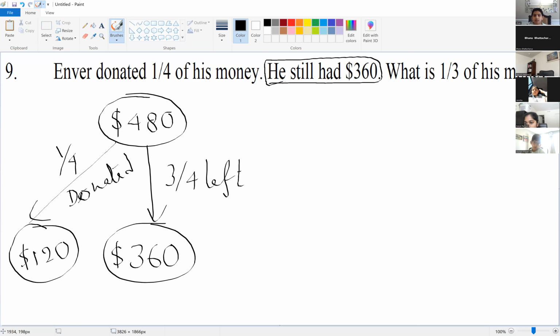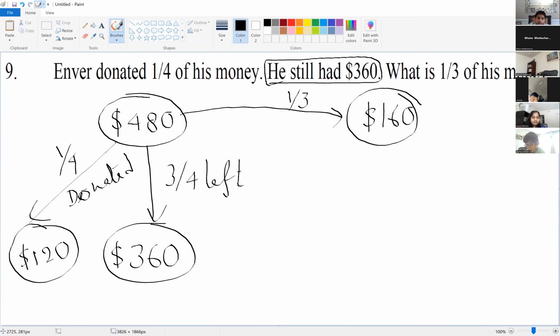Yes, after donating he has 360. Do you understand, Arjun? So 1/3 of his money before he donated would be 160. Dang it. I just needed 10 more dollars.